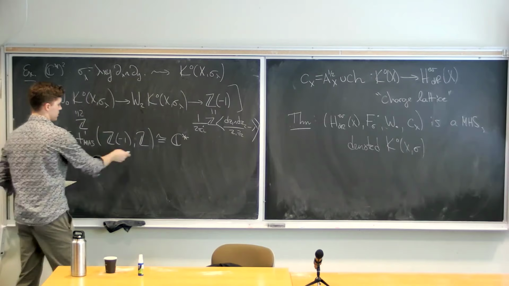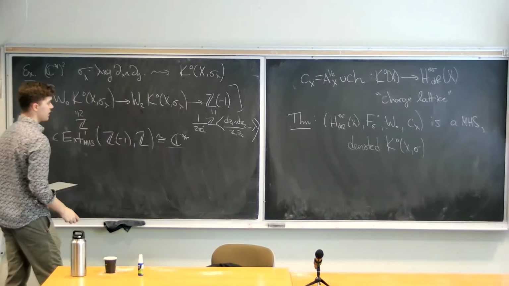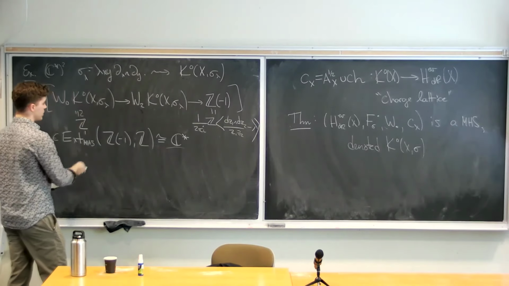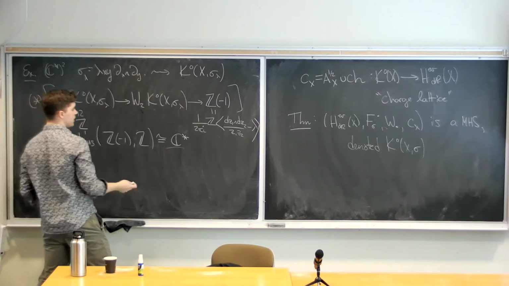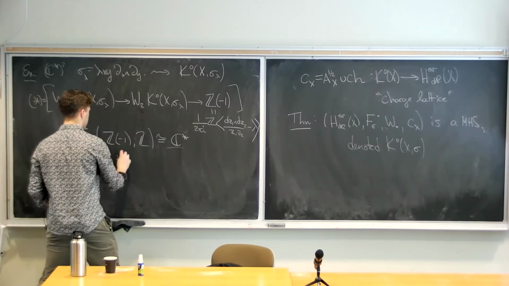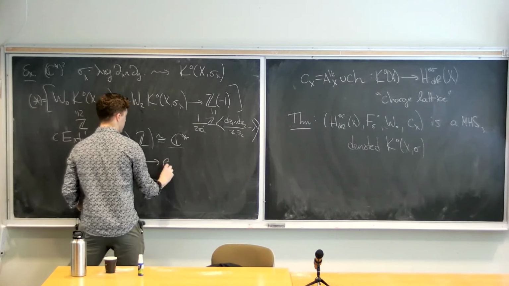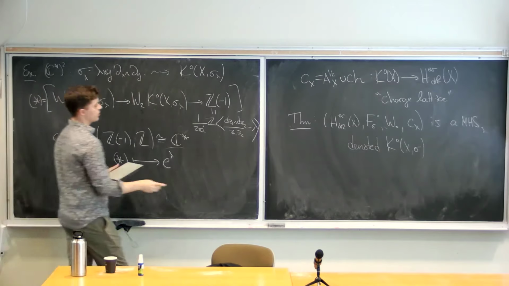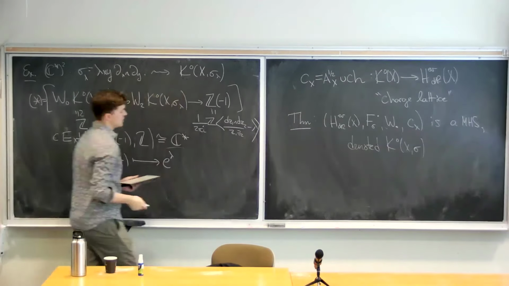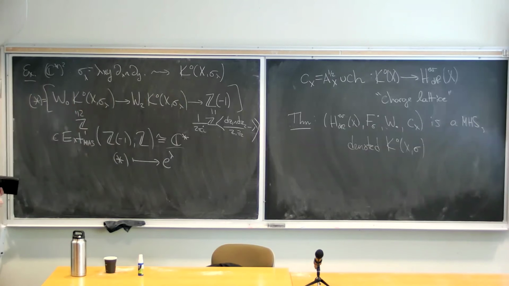From that, you can produce an element of C star. The point is that when you do this, this extension gets mapped to the number e to the lambda, which is somewhat believable.